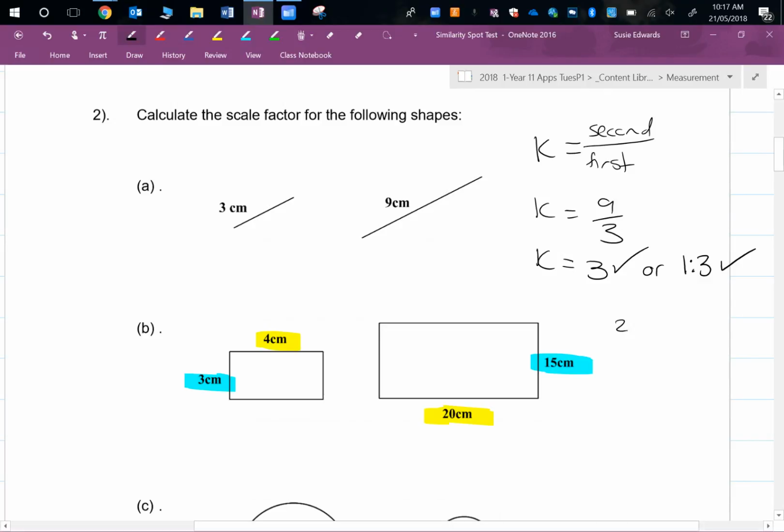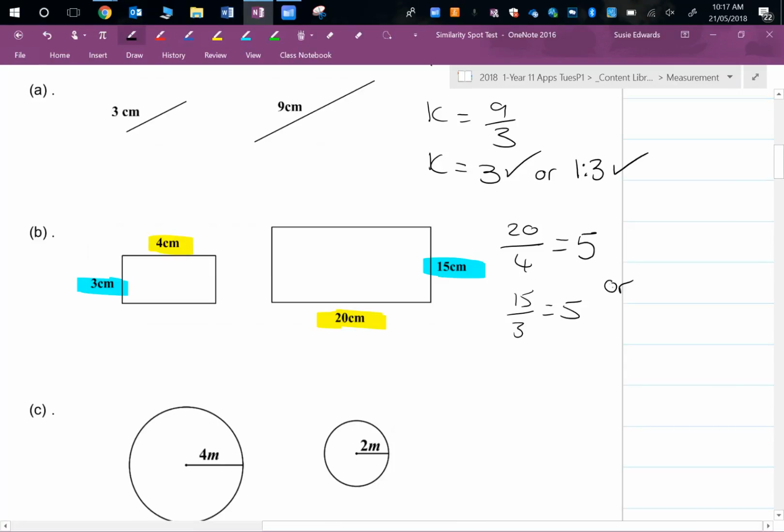So let's go 20 divided by 4 equals 5. Or you could say 15 divided by 3 equals 5. So you could say K equals 5. You'd need to actually write K equals, or 1 to 5. Everyone okay with that? All right, next one.